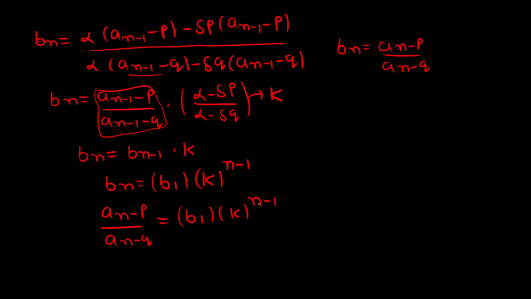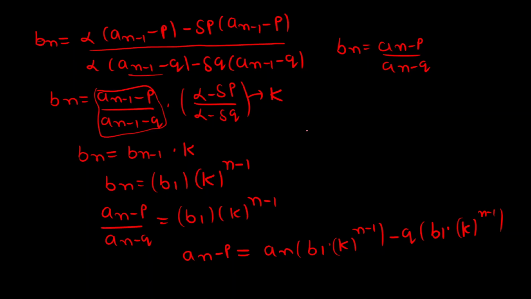Now if I isolate for an, I'll get an minus p is equal to an times b1 into k power n minus 1 minus q times b1 into k power n minus 1.